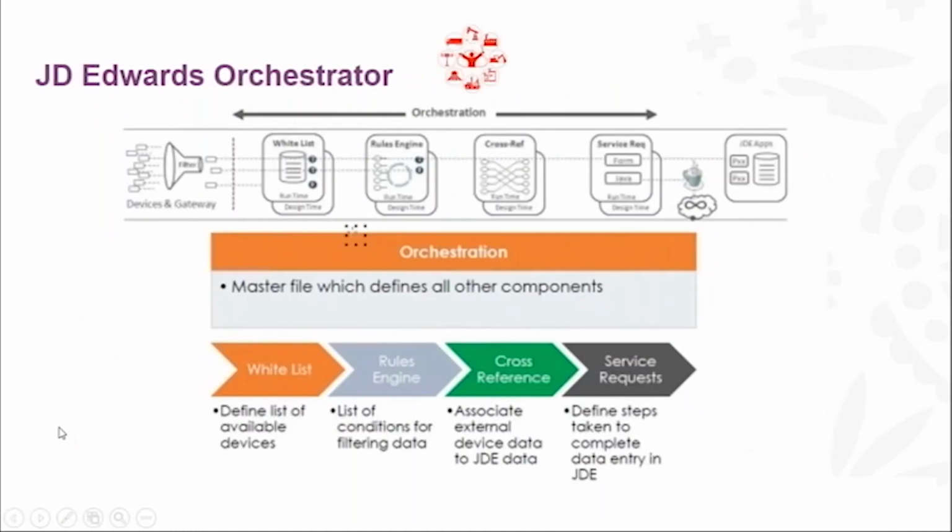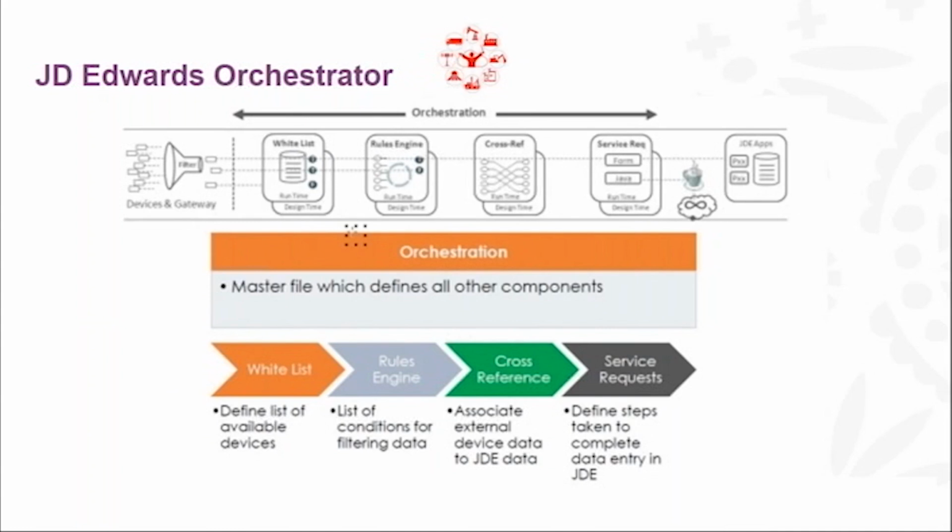This slide shows some of the components that you can use to build an orchestration. The most important fundamental component of an orchestration is a service request, which again is a series of steps that you would perform to do any specific function. As I said, you can have a service request to enter a sales order, for example.